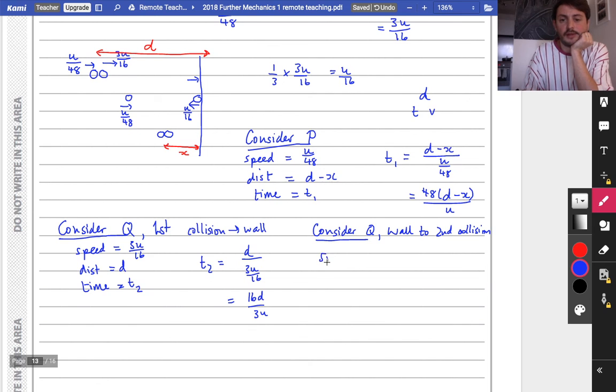This time, the speed has changed. The speed is now u over 16. We worked that out over here. The distance that it's travelling this time is just x, because it's travelling from here to this second collision.